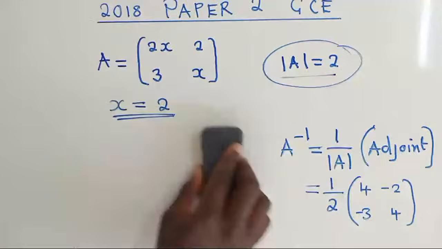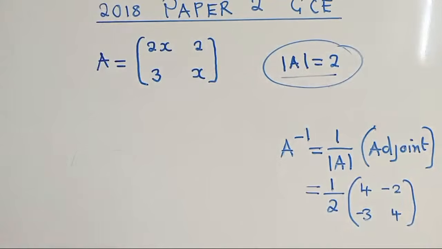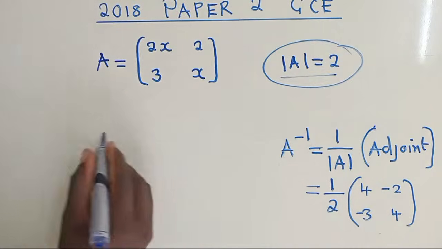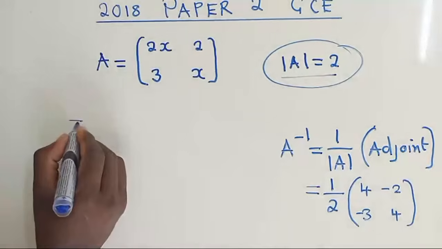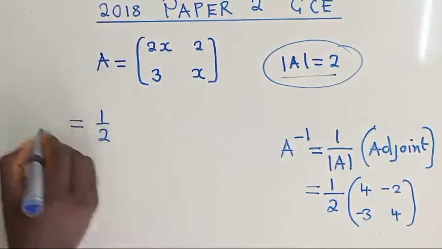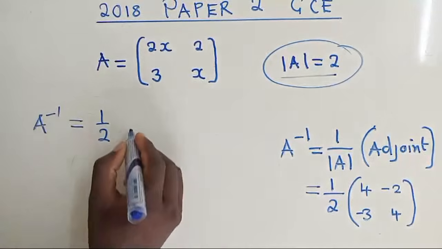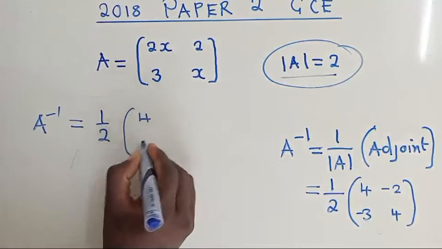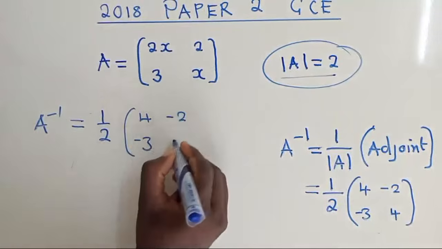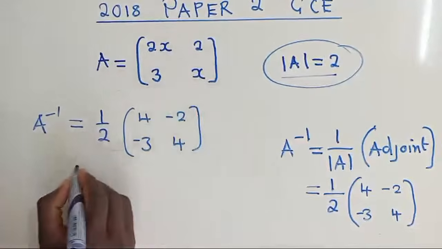Remember we are trying to find the inverse right here. So after doing this, you can now multiply. I'm at this stage where we're finding the inverse, so let me copy.